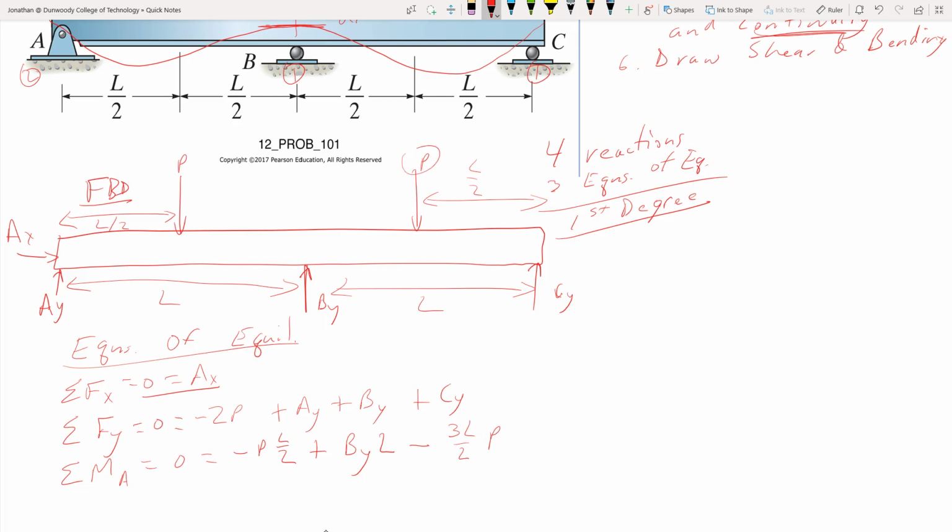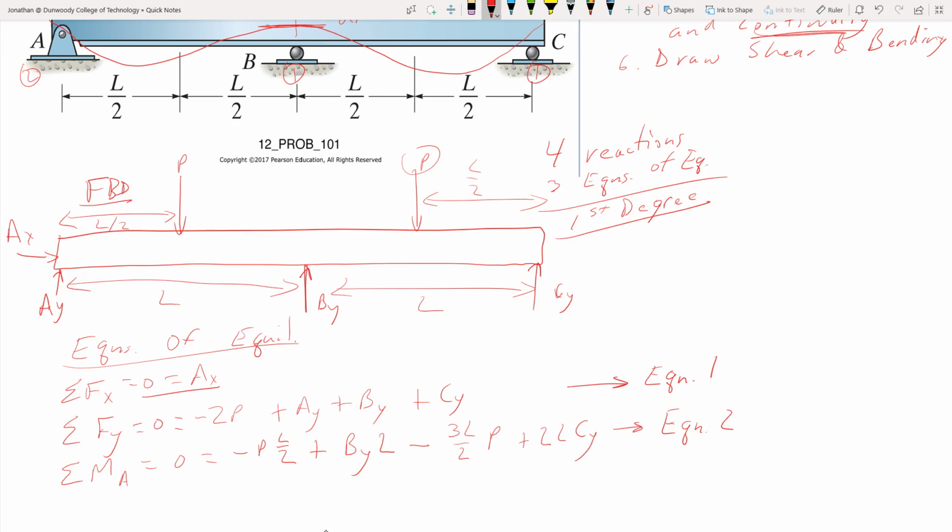He's L over 2, L over 2, L over 2, so 3L over 2, negative, and then plus 2L times CY for this guy. So we've got those two. And just for further reflection later, I'm going to call this one equation 1. This one I'm going to call equation 2. So we can refer back to those equations.